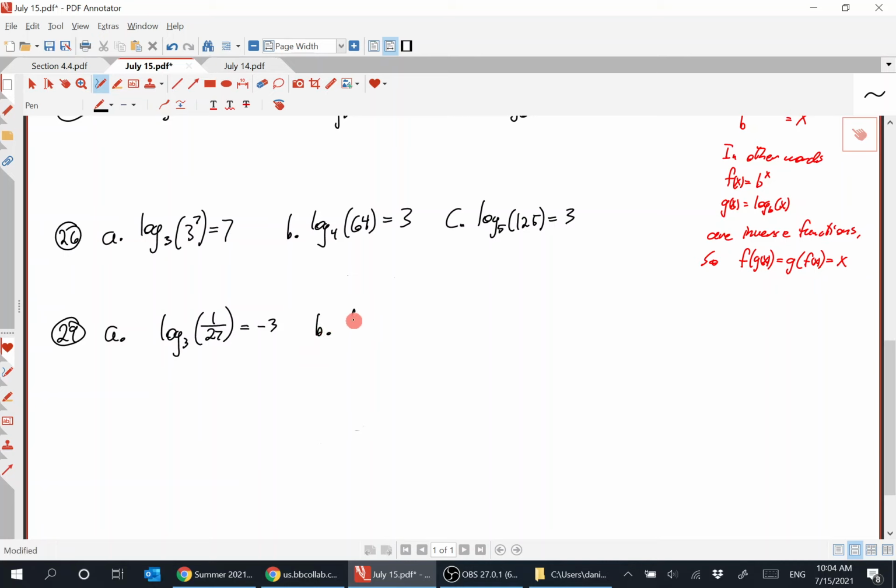29b, log base 10 of the square root of 10. I have a funny story about the square root of 10. Well, square root of 10, how do you write the square root of 10 as 10 to some exponent? 10 to which exponent?